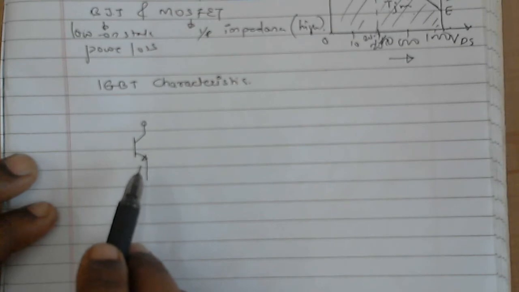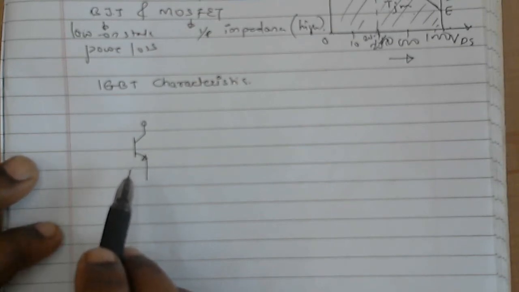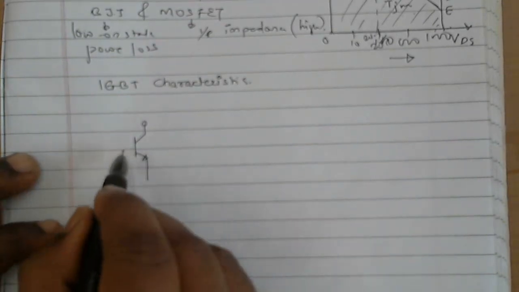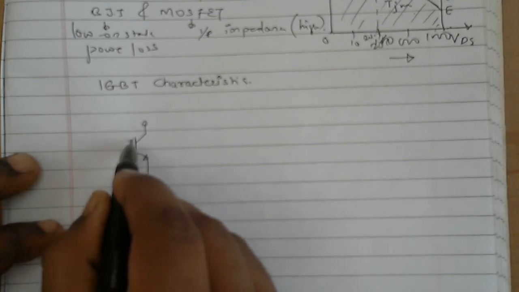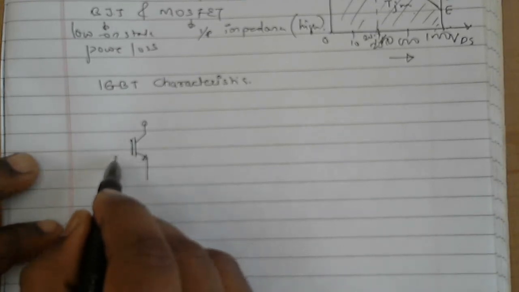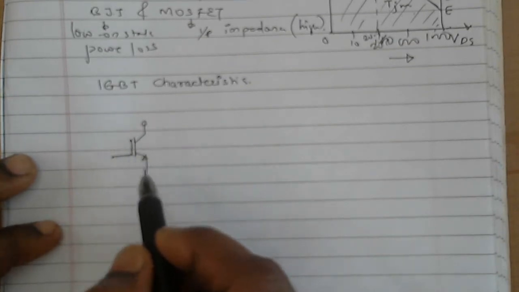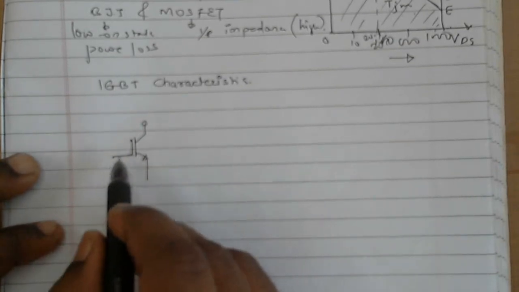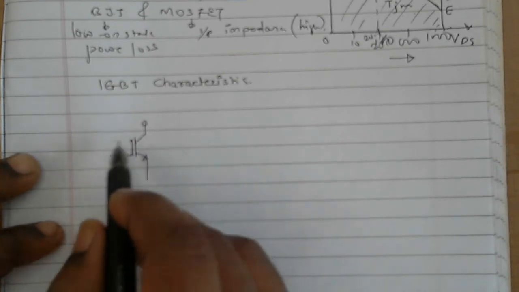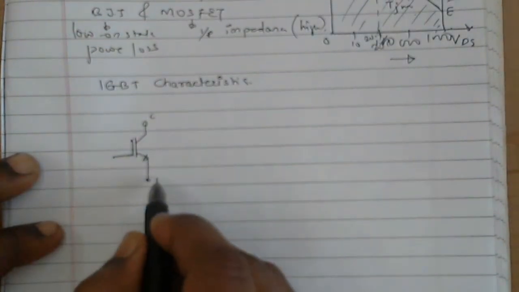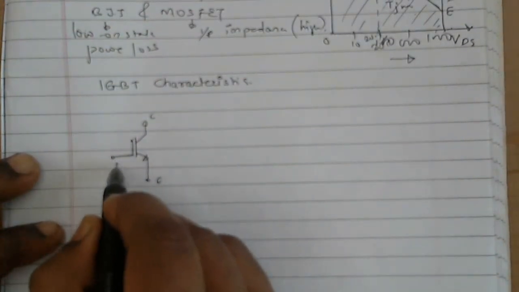But what is the difference between BJT and IGBT? The difference is its gate is insulated, hence it is shown like this. Gate is insulated, otherwise it is similar to a BJT. So this is the symbol of the IGBT. This is collector, this is emitter, and this is gate.